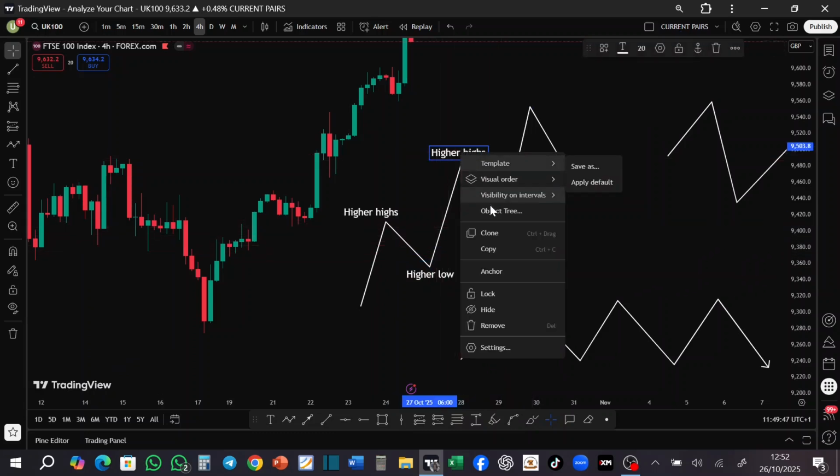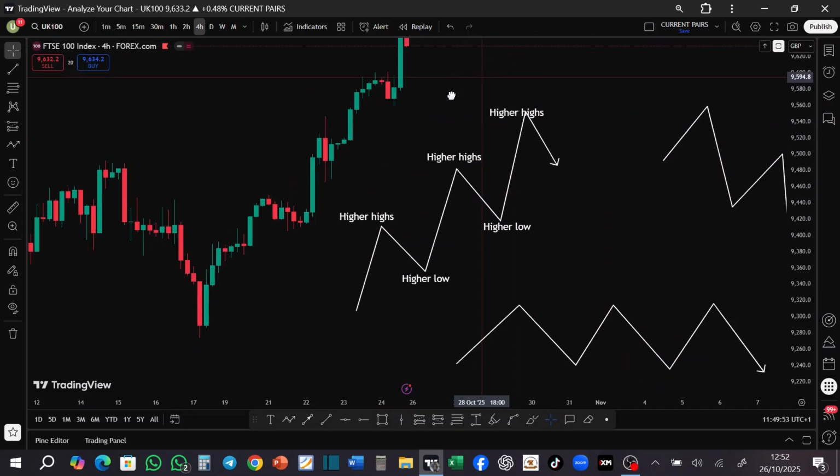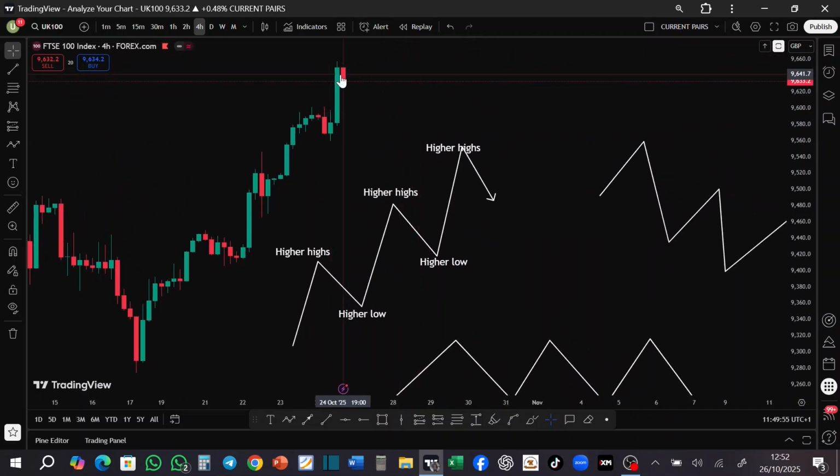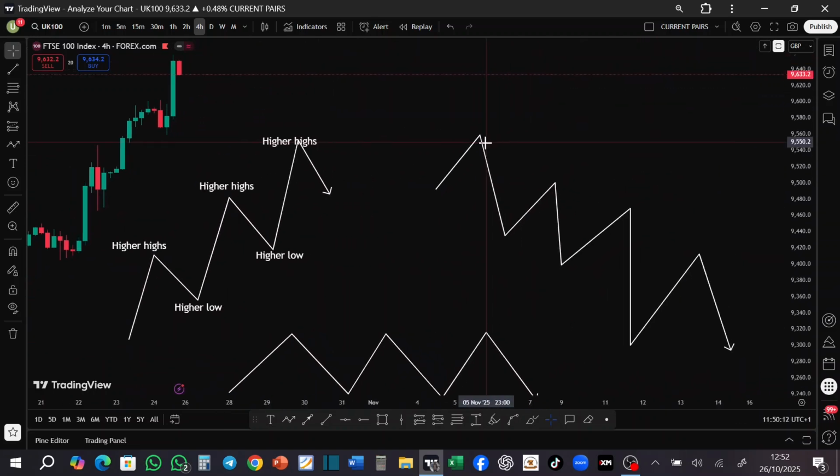Then the next one here is called the higher high. So where the market is now, it has formed a higher high. So it was a higher low, higher high, higher low, higher high, higher low, higher high, higher low, higher high.